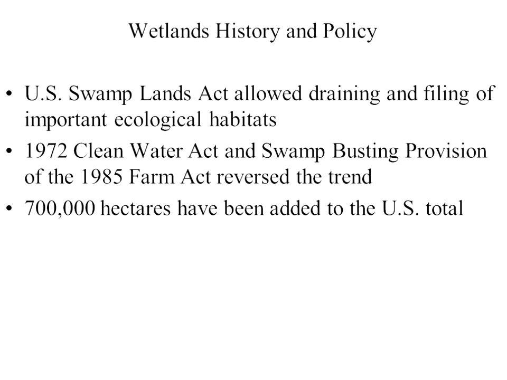But in 1972, that was reversed in the Clean Water Act, and we currently have a no wetlands loss policy. So we are trying to get wetland acreage back. 700,000 hectares have been added to the U.S. total. So we're reversing this trend.